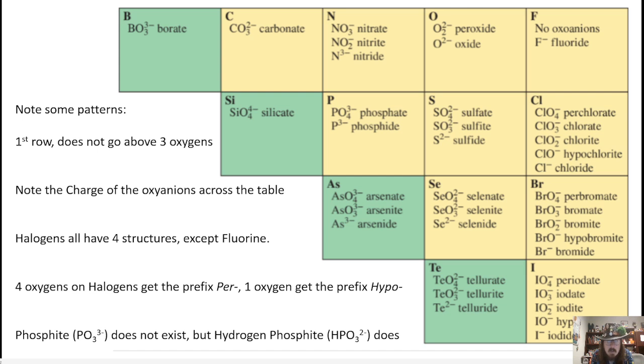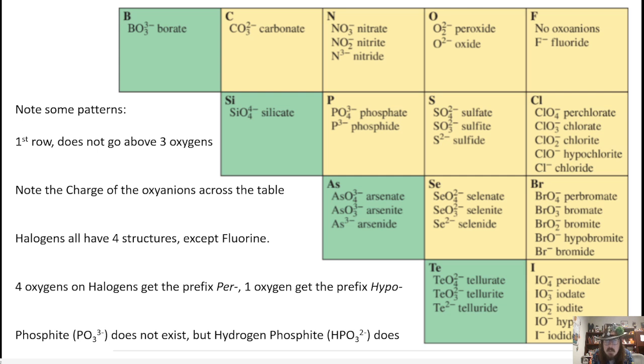And we see not a normal oxate, because it's hard to have oxygen in the center, but we have peroxide, O2, 2 minus. And there are no oxyanions whatsoever for fluoride. We'll discuss that more in a little bit.